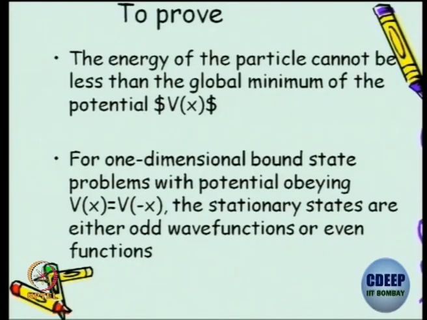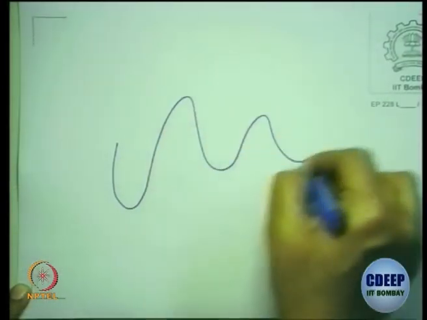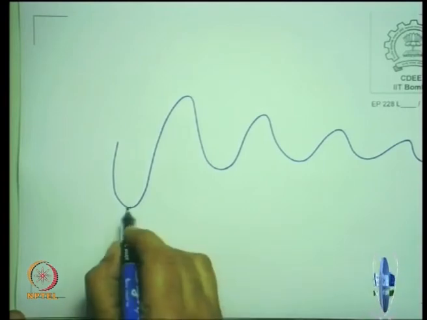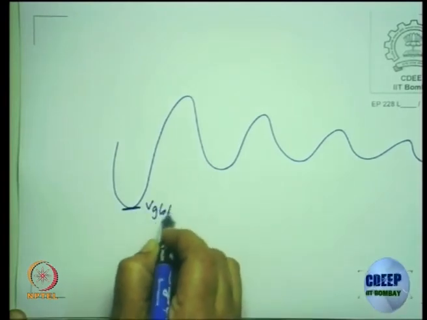The energy of the particle cannot be less than the global minimum of the potential. What do I mean by that? Suppose I have a potential like this. Which is the global minimum? This one is V global minimum.